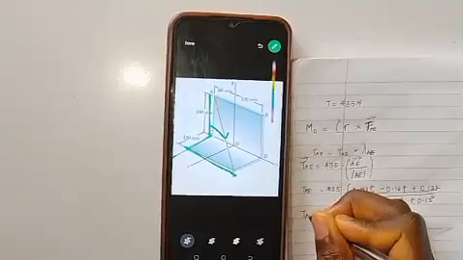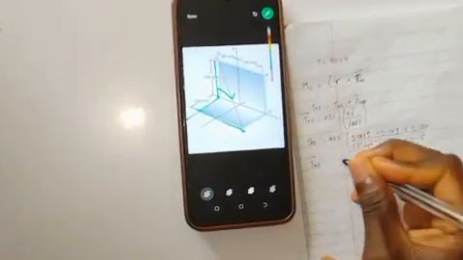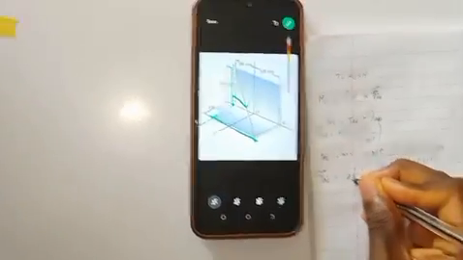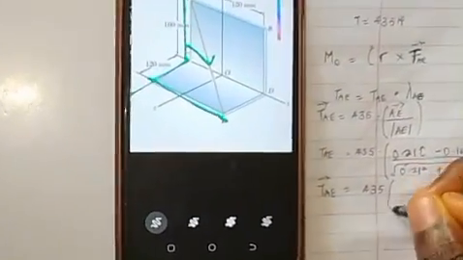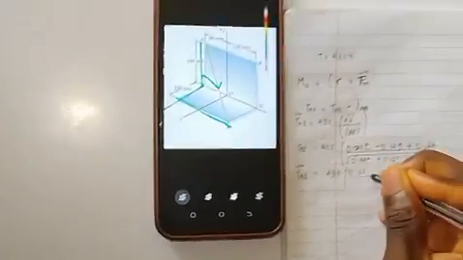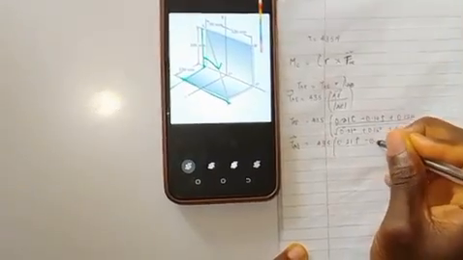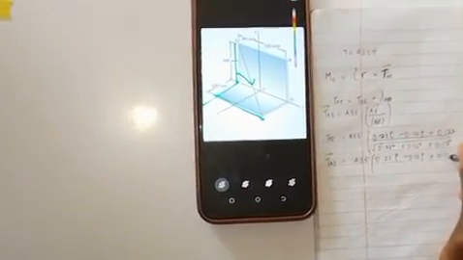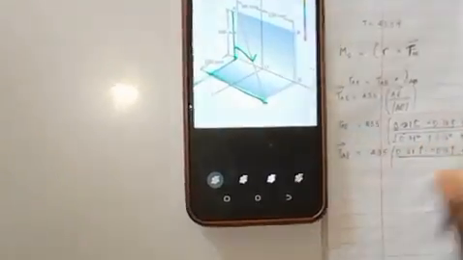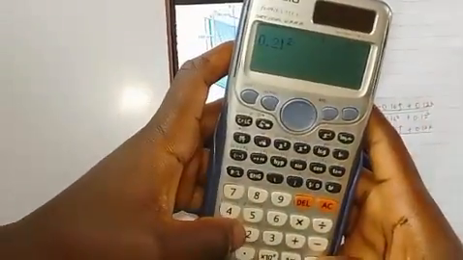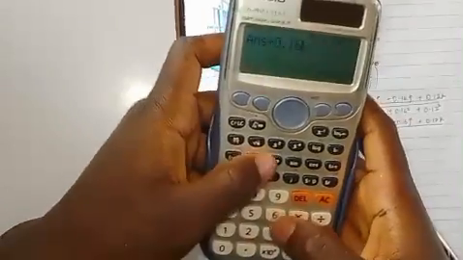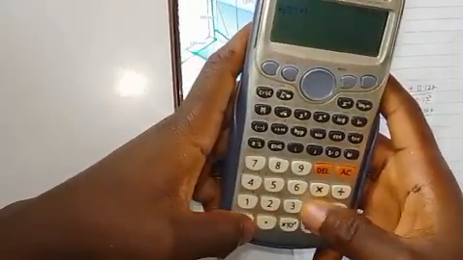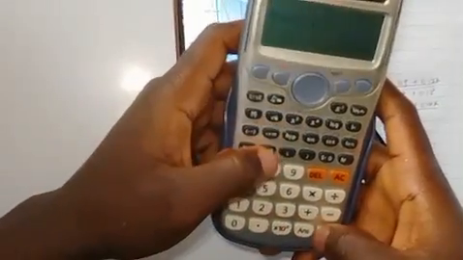So that means we know our T_AE. We have 435 dot open bracket 0.21 in the i direction minus 0.16 in the j direction plus 0.12 in the k direction over the magnitude.